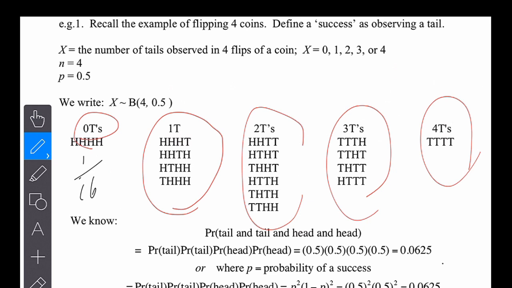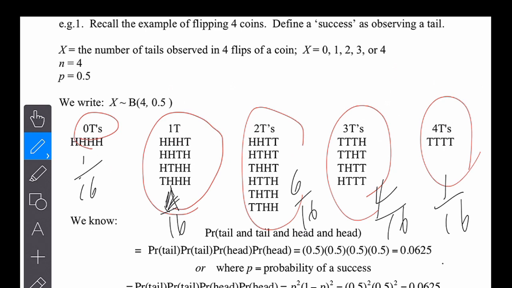So one tail is 4/16. 2 tails is 6/16. 3 tails is 4/16. If you remember, we discussed this before, and that's 1/16, and all the possible outcomes total 16/16 or 1.